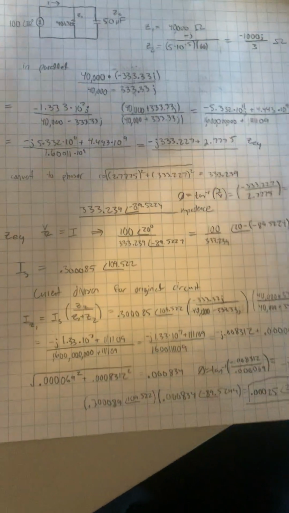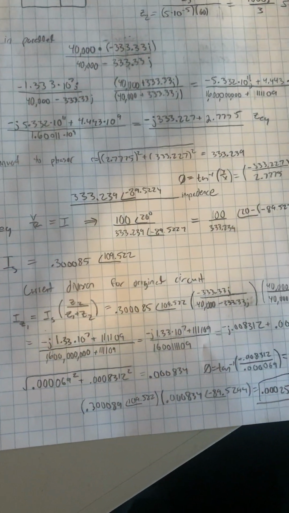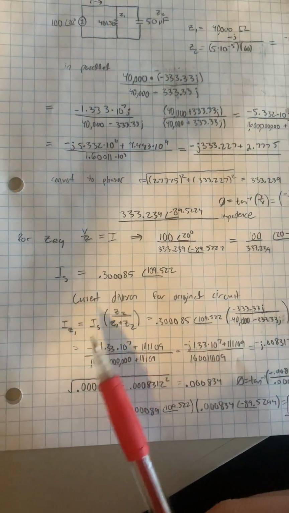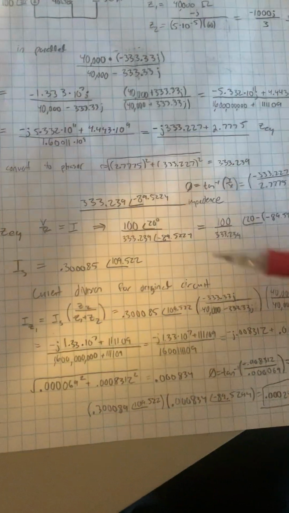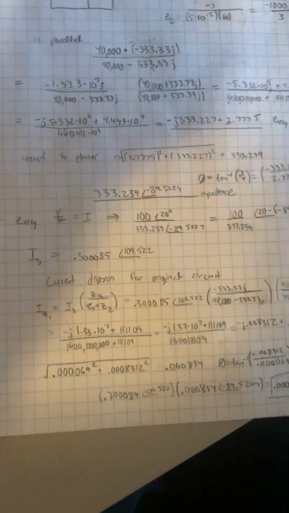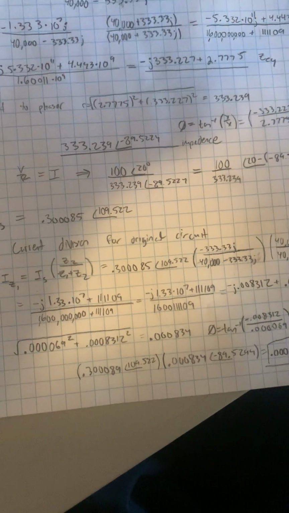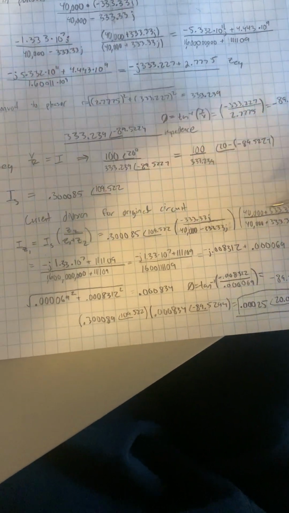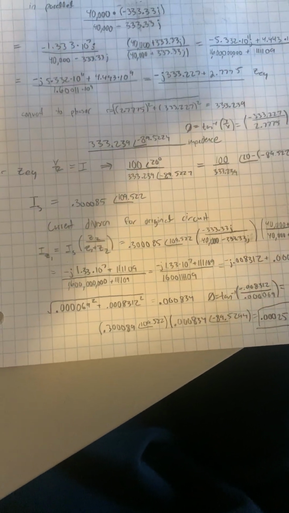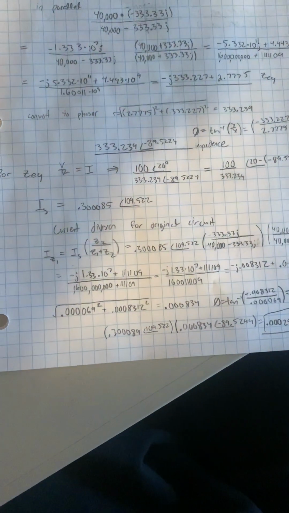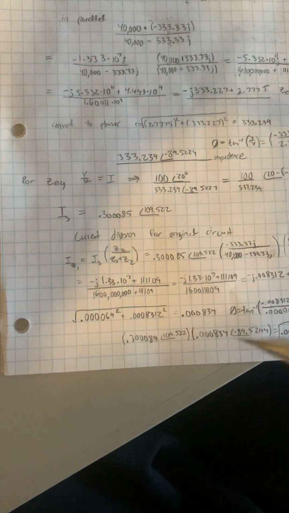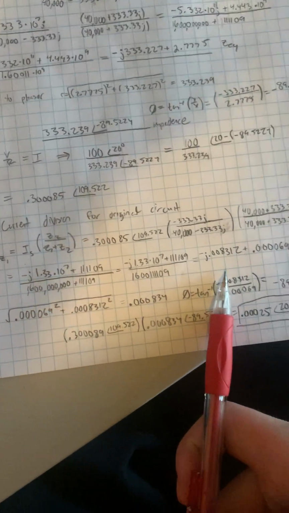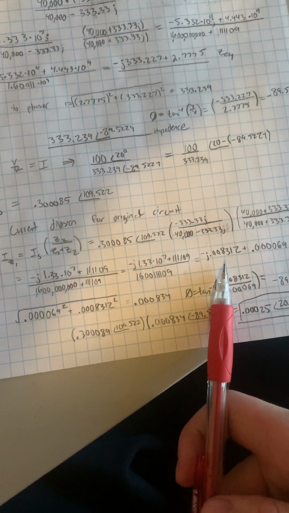So then I go back to the original circuit and I use current division, and to find the current of Z1, I put Z2 in the numerator, plug all these numbers in. I get just a lot of big numbers. So I multiply it through, and then I keep simplifying down to get this right here for IZ1.